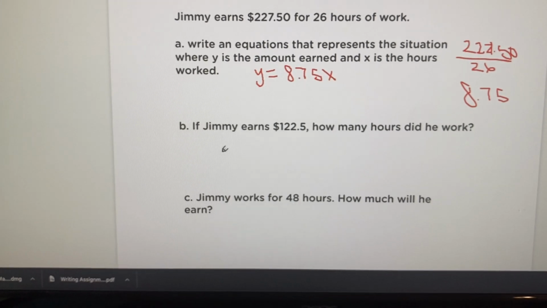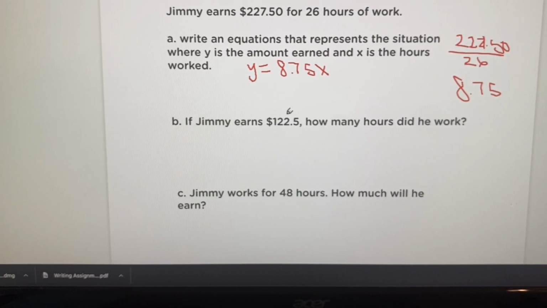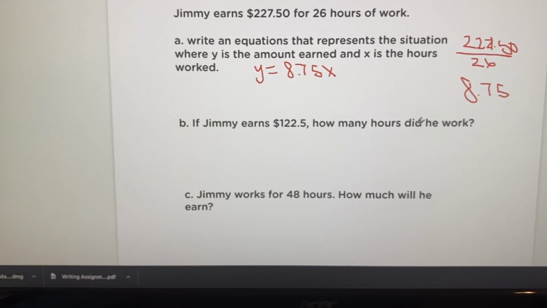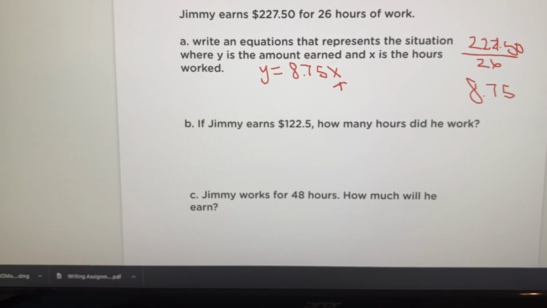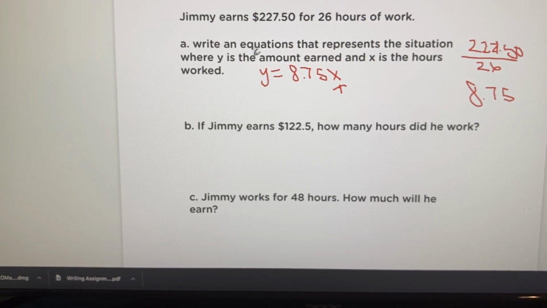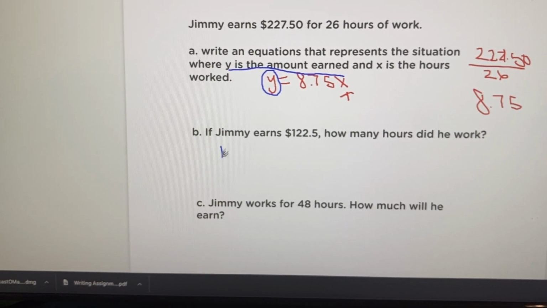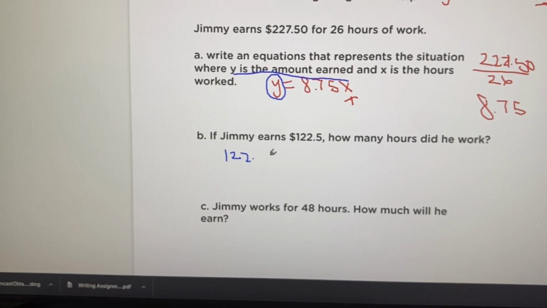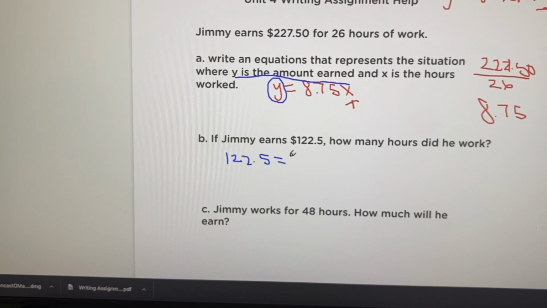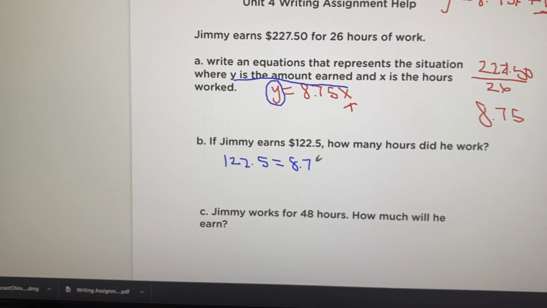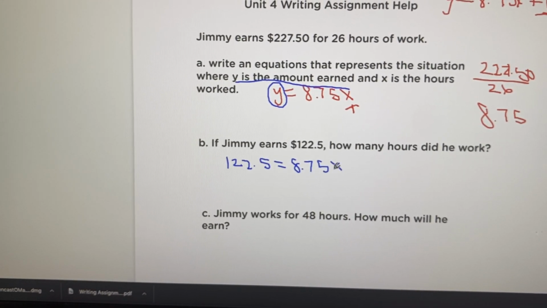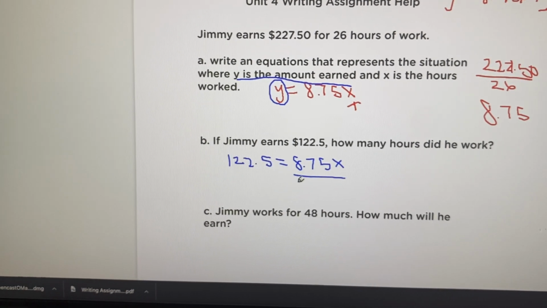Okay, so let's look at B. If Jimmy earns $122.50, how many hours did he work? So we're looking for x. I know Y is the amount earned, so I'm going to put 122.5 in for y. I know he's always going to earn $8.75 per hour, and now I just need to figure out how many hours.